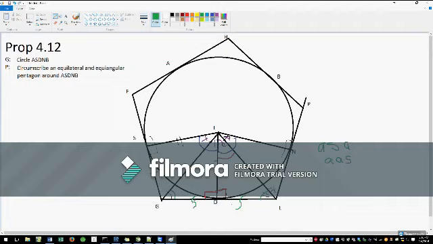Well, we proved by Prop 126 that GL is double of GD, and I proved similarly that FG is double SG. But we proved even further back that SG is equal to GD, as you can see by those black lines.